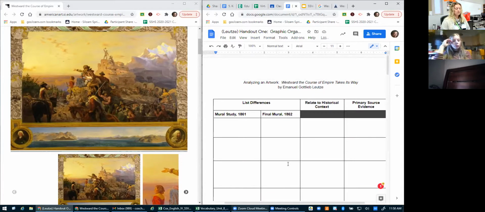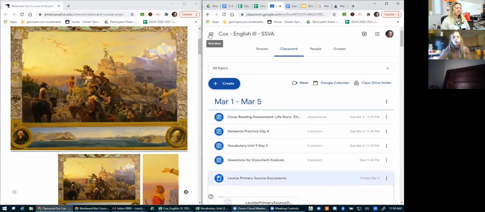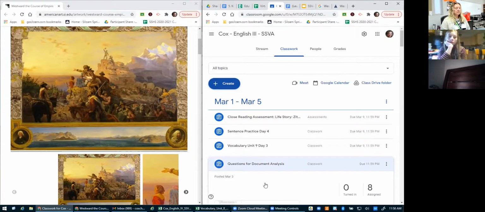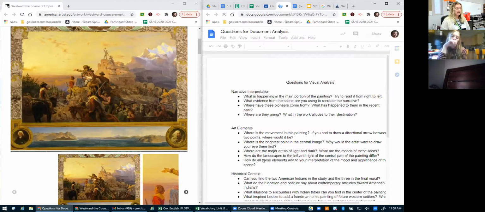All right, so, has everybody got what they're supposed to be working on for that? Everyone good? Okay, and I'm giving you a lot because we're behind. So these are things that you can ask if you are still struggling with the document analysis, with the analysis of the painting.